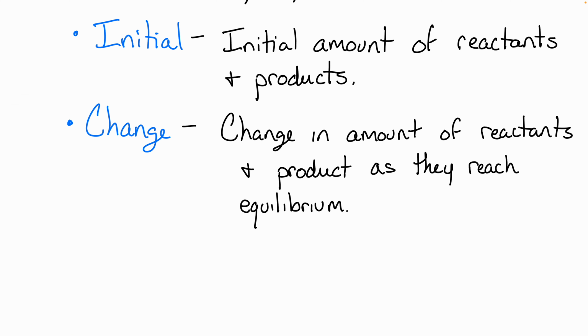Right? Kind of the whole shtick of this reaction is that it's going to occur until it reaches equilibrium. This change box is where we're going to account for how much reaction has occurred. And importantly, this is what we do not know. All right? This is what we're going to try to have to figure out here. So what we're going to do is we're going to leave it as a variable, or rather we're going to use this variable.